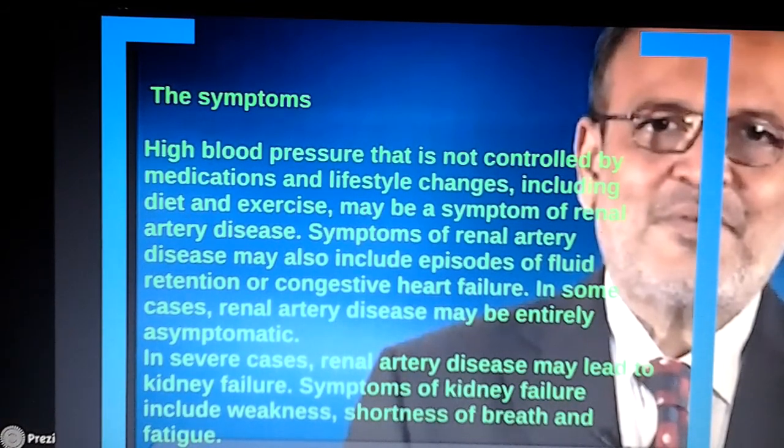In severe cases, renal artery disease may lead to kidney failure. Symptoms of kidney failure include weakness, shortness of breath, and fatigue.